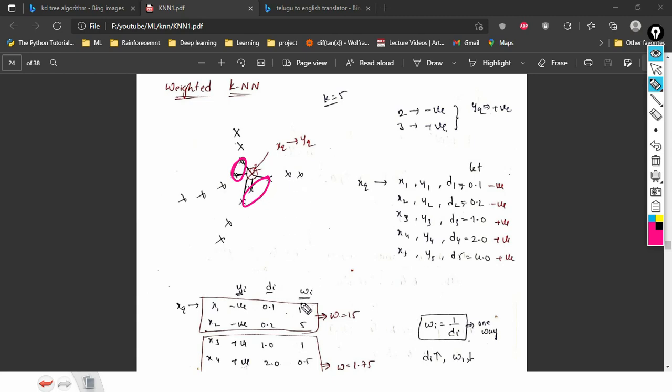According to the weights we will give, the distance of these 2 points is very small, and these 3 points have a distance like this.